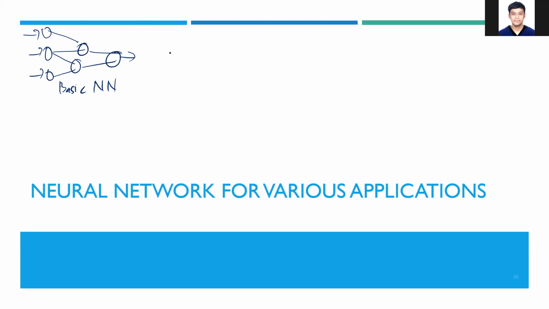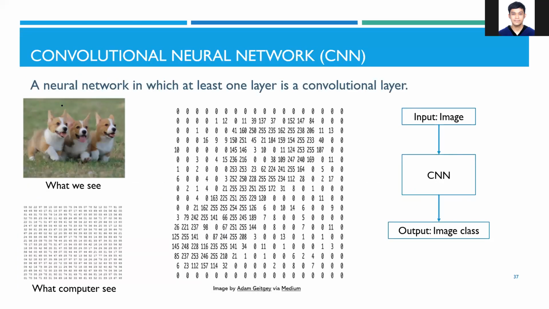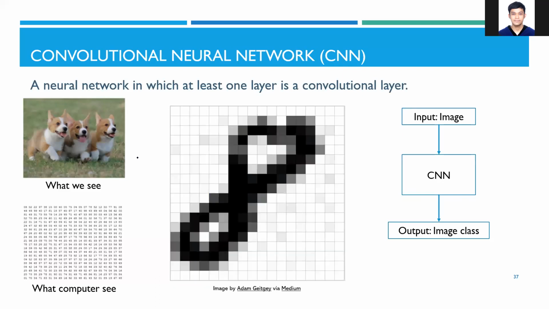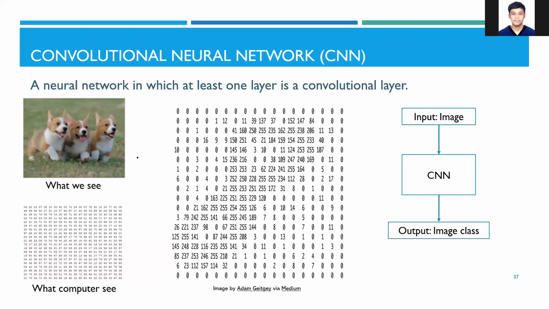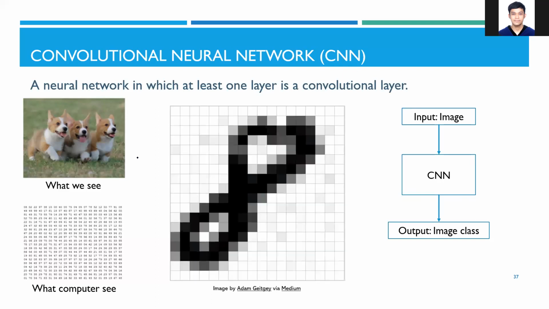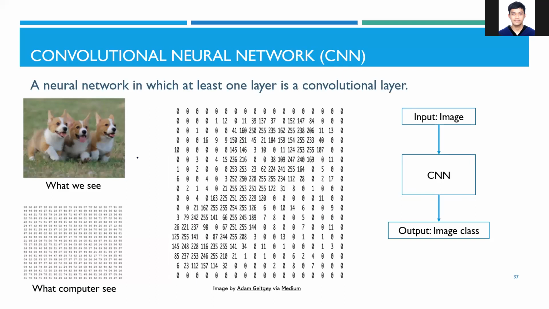For example, we have the convolutional neural network. At first, it was proposed for image processing.